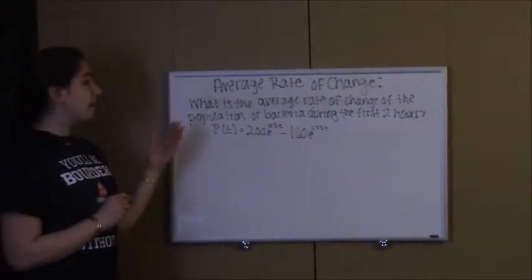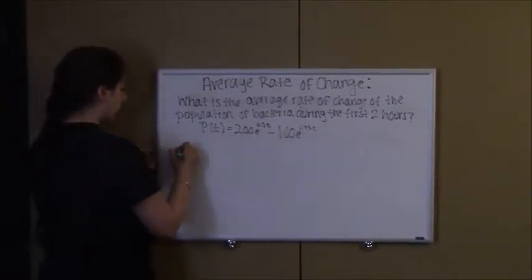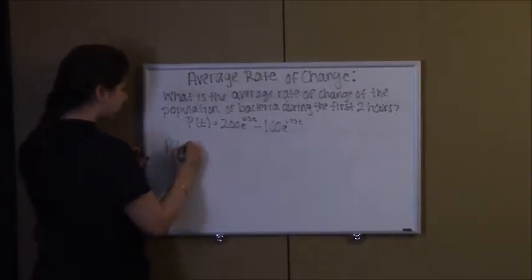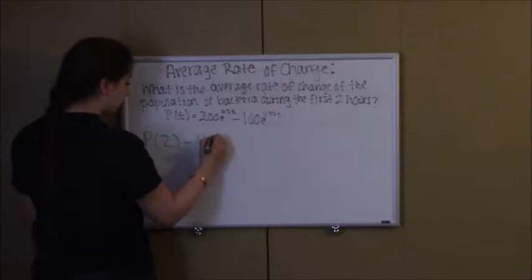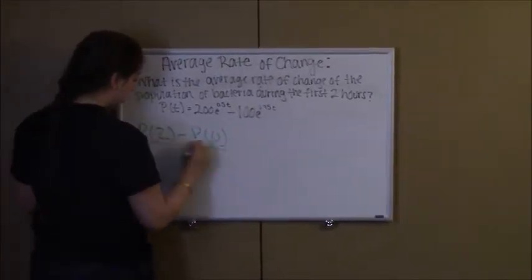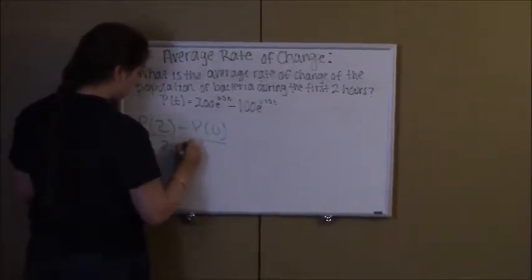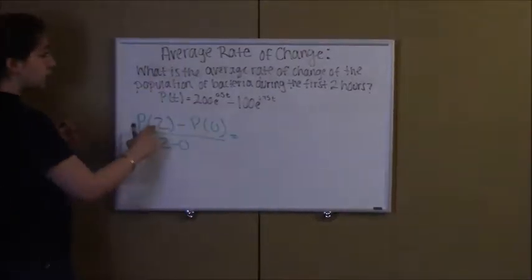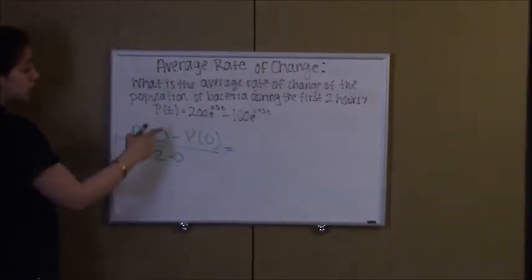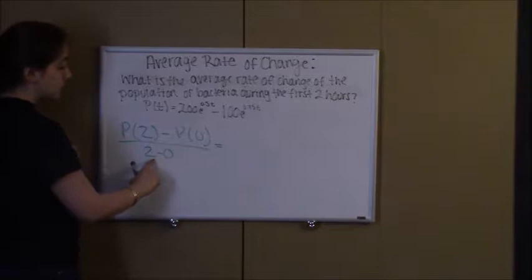Okay, so to find the average rate of change, we will be following the formula p of 2 minus p of 0 divided by 2 minus 0. So basically we're going to take 2, plug it in the equation, and then take 0, plug it in the equation, and divide by 2.